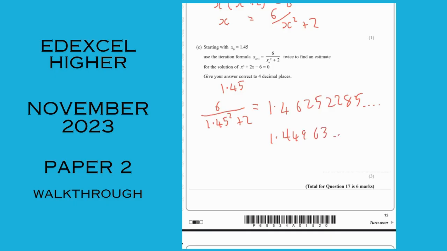It asks for 4 dPs, so give 4 dPs, 1.4496. We'll leave it at that.